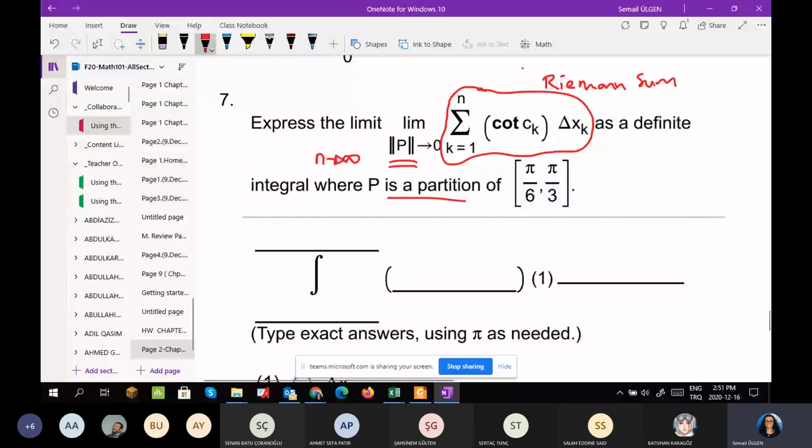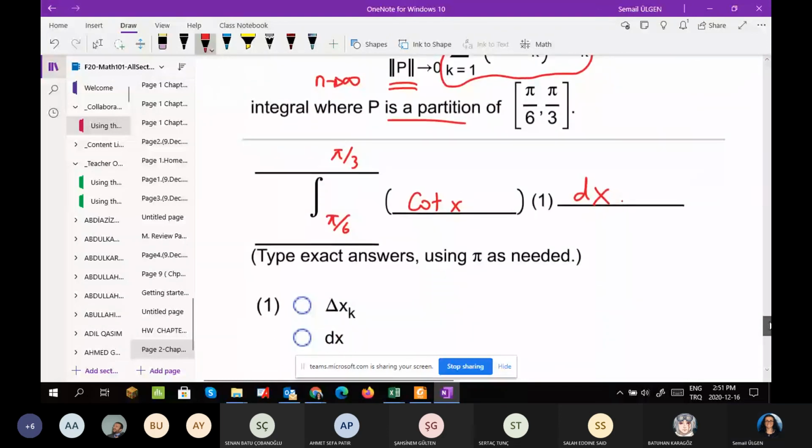So how are we going to do that? First of all, the domain is from a to b here. The lower limit is pi over 6, and the upper limit is pi over 3 of this integral. And what's the function that we use? Cotangent x times dx. If you convert it to integration, you get it like this.